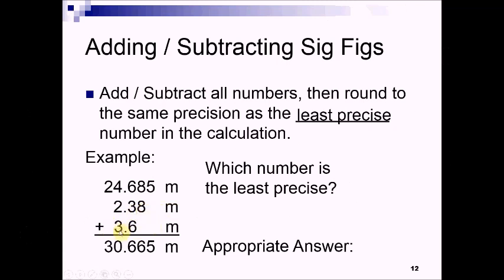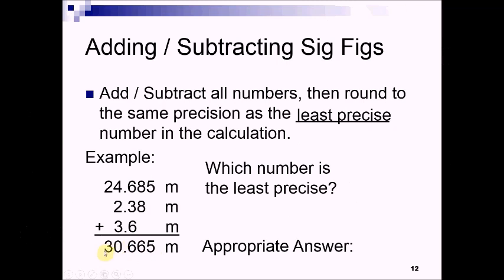And the last guy says he's got 3.6 meters worth of fence. So we add them all up and we get 30.665 meters worth of fence.